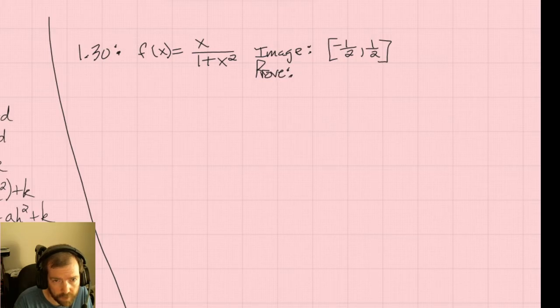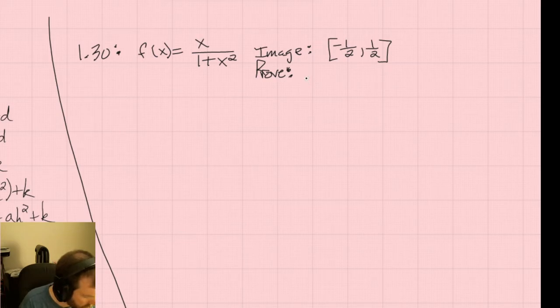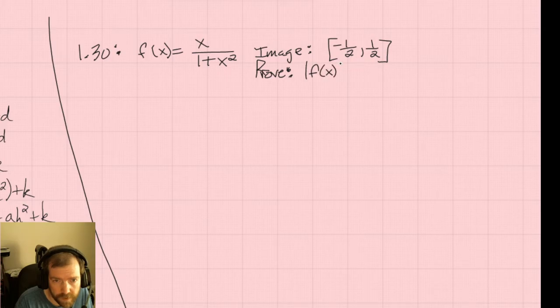So if we want to prove that that's the image, we have to show first that the absolute value of f of x is less than or equal to 1/2 for all x in the reals.